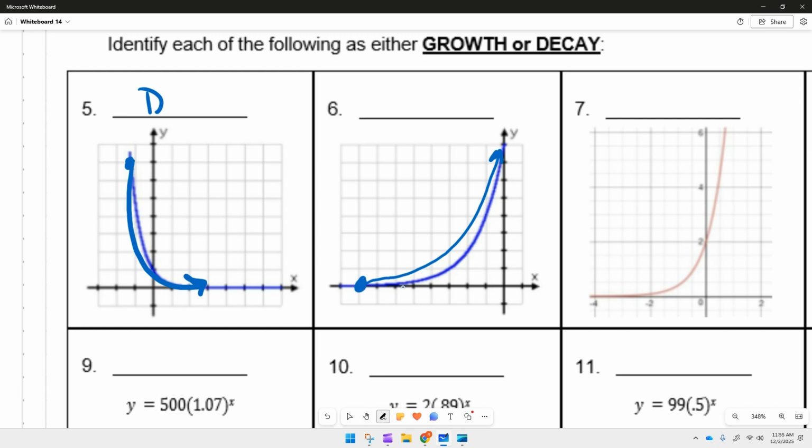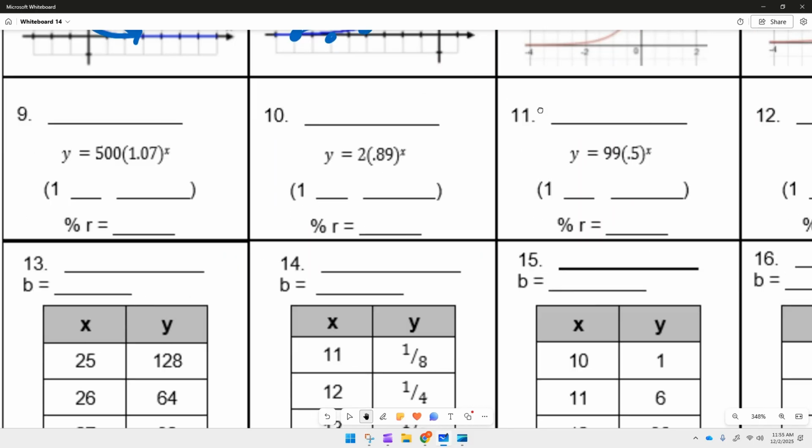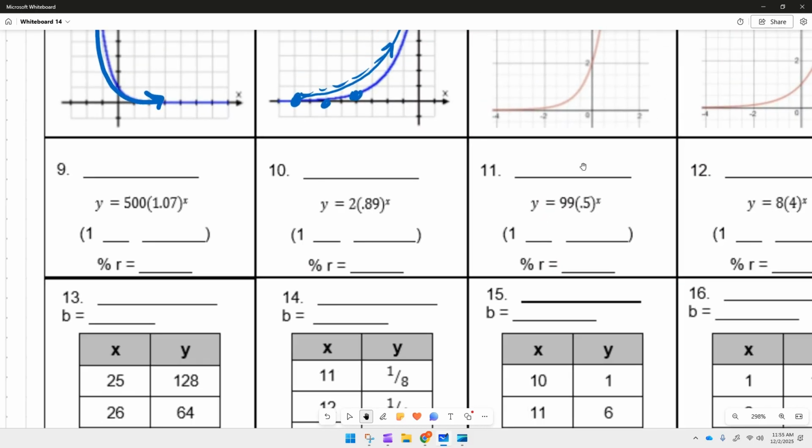So this start here, here, here. You're going this way. Does that make sense? So this is what? Growth. This is growth. Good. And this one is growth. All right.